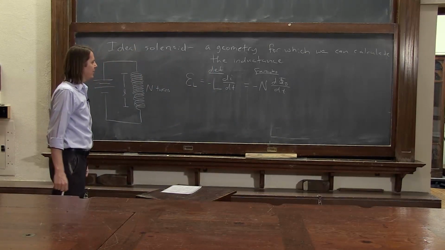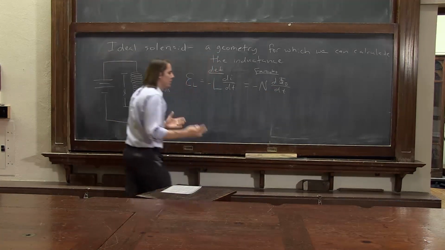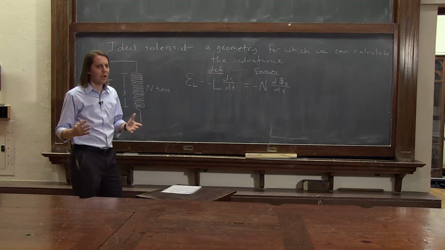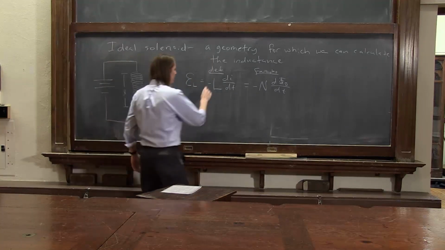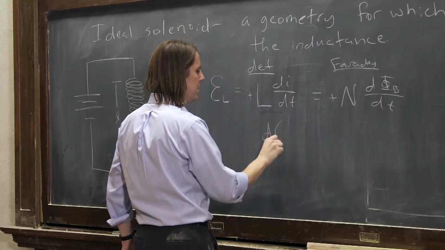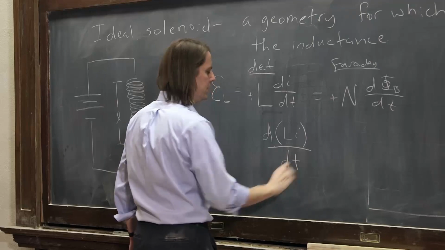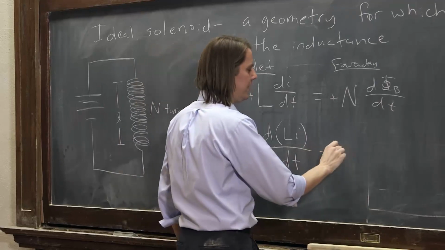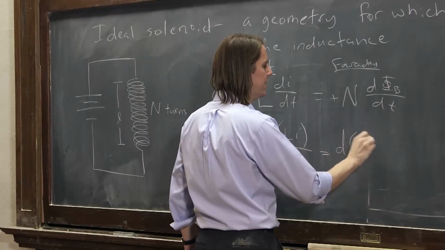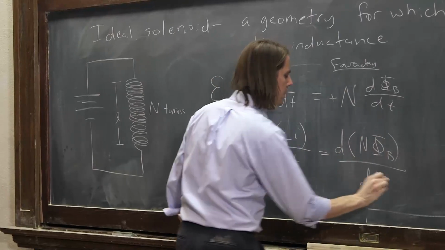So the quickie thing then we can do is go ahead and stick these things in the time derivative. We know that they're constant. Let's just stick them in. And we can also just make them both positive to make it pretty. What we'll find is that d of Li dt equals d of N phi B dt.